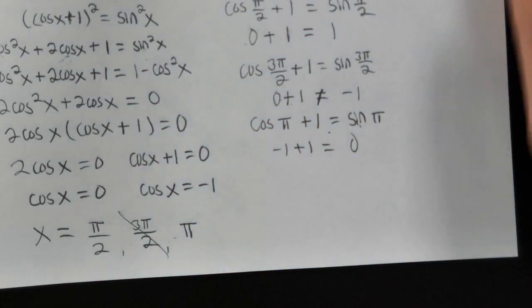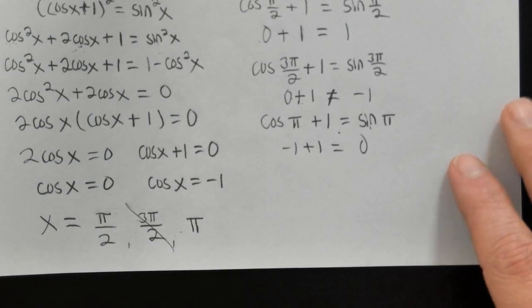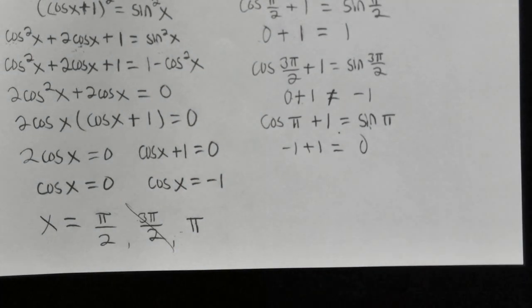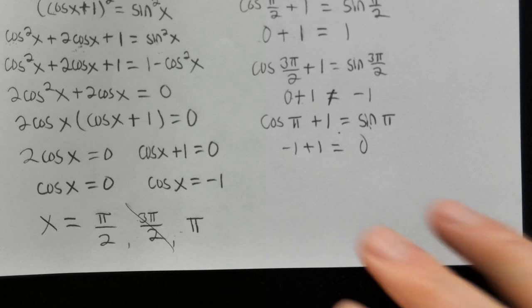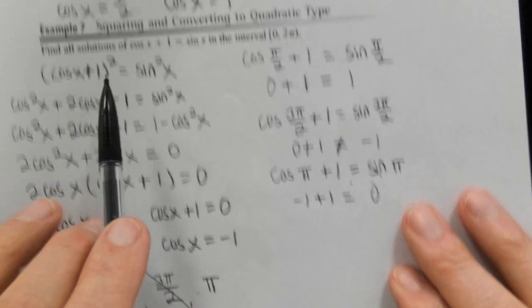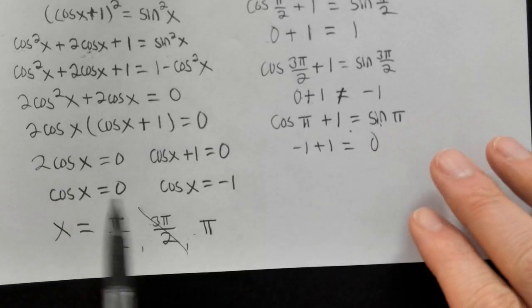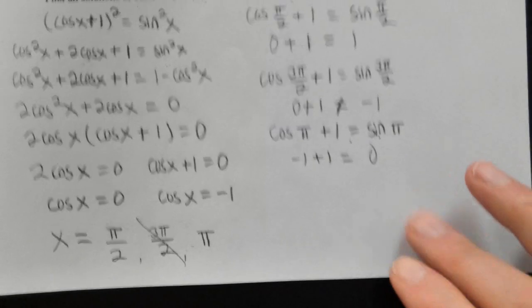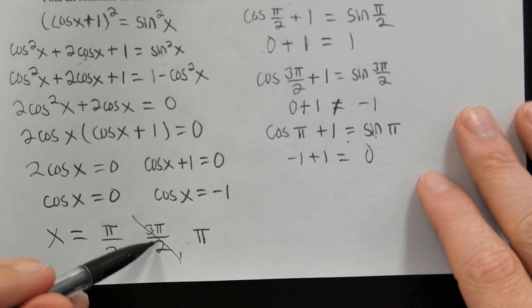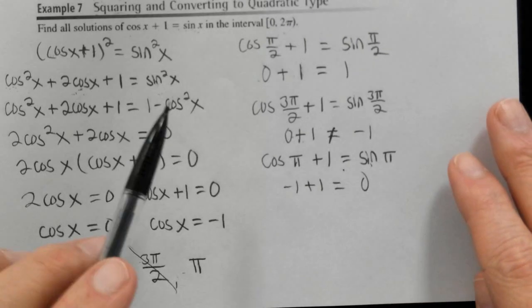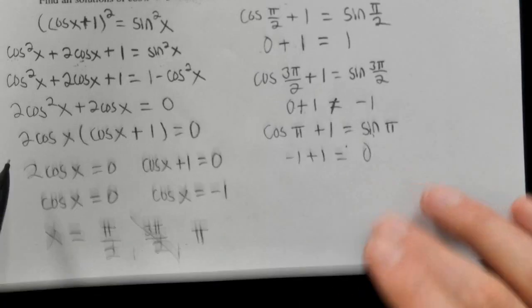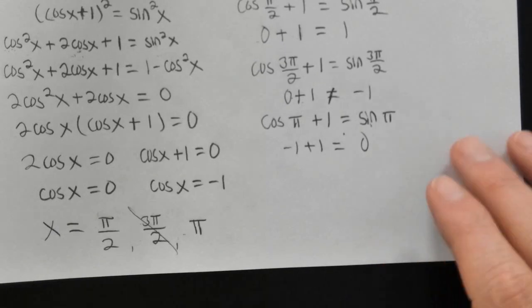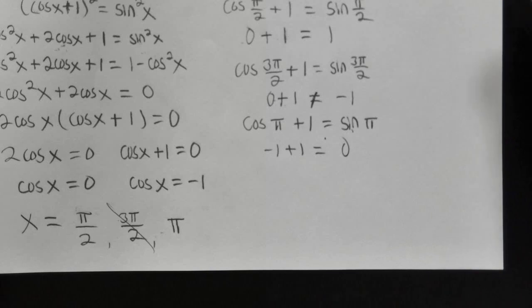And that is true, so we will keep that solution. So 3 pi over 2 is the only one we had to throw out. But remember, anytime you square both sides of an equation, you must check to see if any of your solutions are extraneous, or solutions that don't satisfy the original equation. In this case, we do have one that we had to throw out. So make sure you double check that or you'll get the wrong answer in the end.